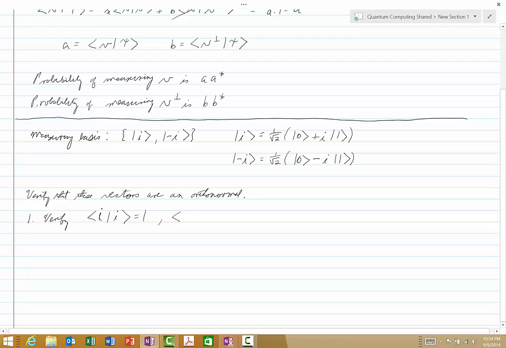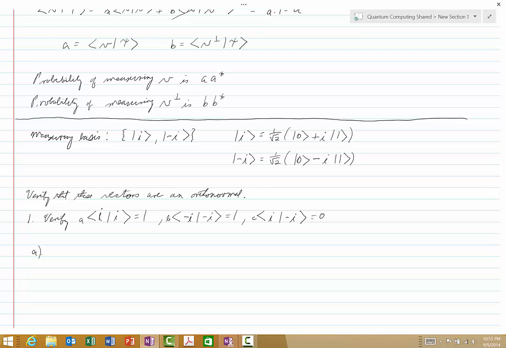The inner product of minus I with minus I is equal to 1, and that the inner product of I with minus I is equal to 0. These are the 3 things that we want to verify. I'll call that maybe A, B, and C. And let's start with I.